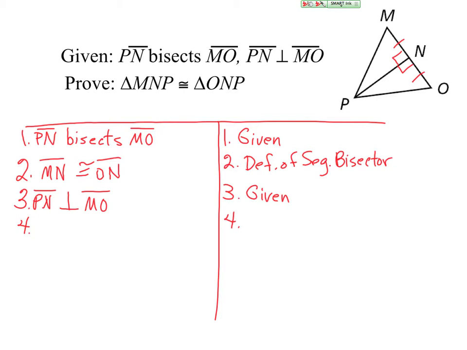And then we're gonna have to think what the reason is here, Michael. So angle MNP and angle ONP are right angles. Okay, how do we know that? Perpendicular bisector.